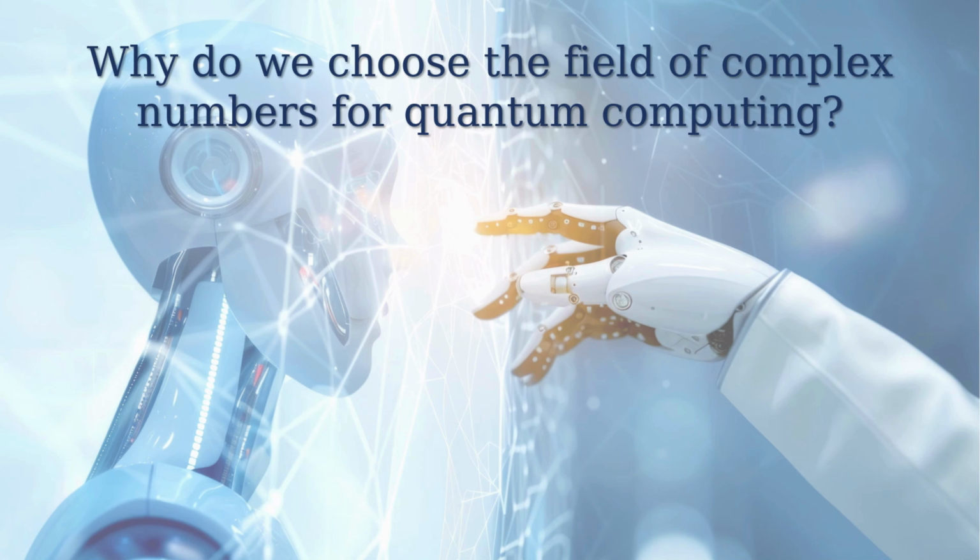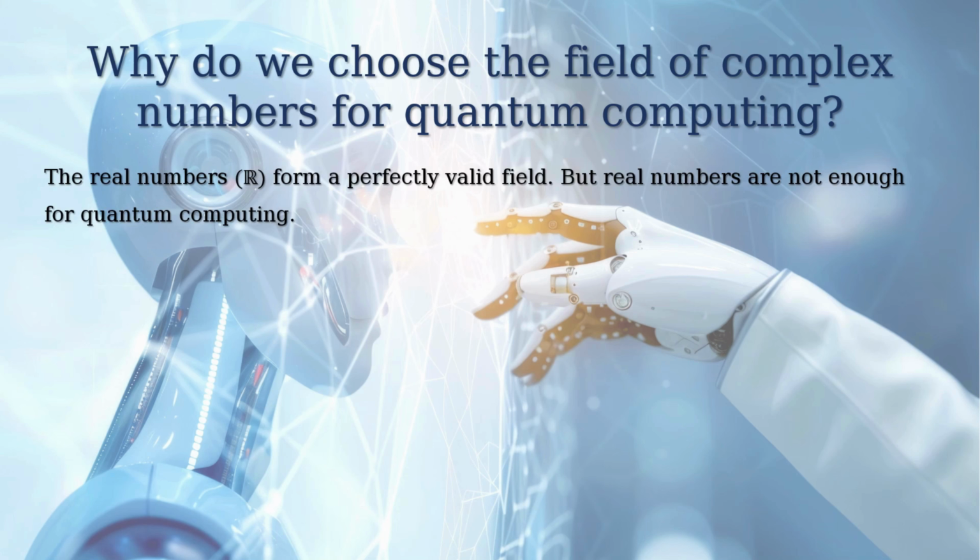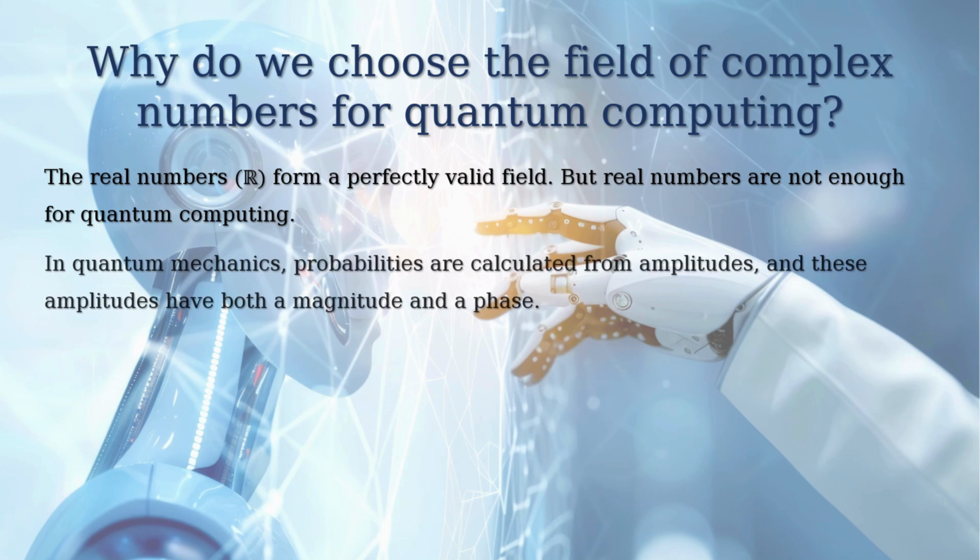For quantum computing, we select the field of complex numbers. But why do we do so? Let's try to understand that. The real numbers form a perfectly valid field, but real numbers are not enough for quantum computing. In quantum mechanics, probabilities are calculated from amplitudes, and these amplitudes have both a magnitude and a phase.